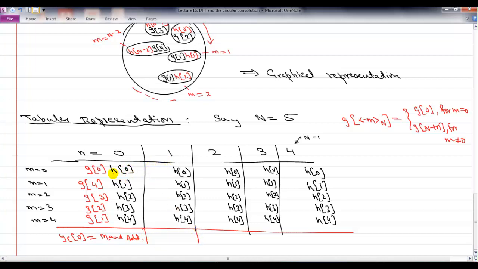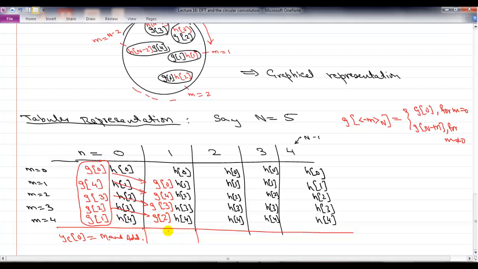Now for YC1, I'm keeping my H sequence fixed, but now we have to circularly shift this sequence, which is g of minus m mod n, by 1. So what does that mean? I basically push all of the entries of this sequence down. So G0 now moves to the second row, G4 moves to the third row, G3 moves down one row, G2 moves down one row to m equal to 4, and then G1 has no place to go.